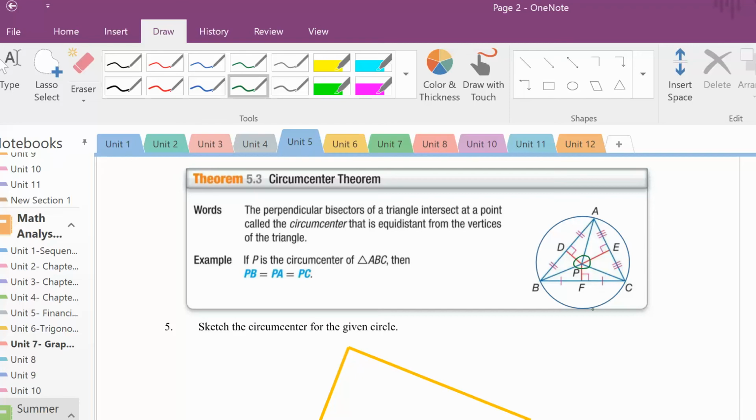And from the circumcenter, the vertices are equidistant, meaning like here that BP would be equal to PA, which would be equal to PC. Those three things are equal. So the circumcenter would be equidistant from the vertices of the triangle.